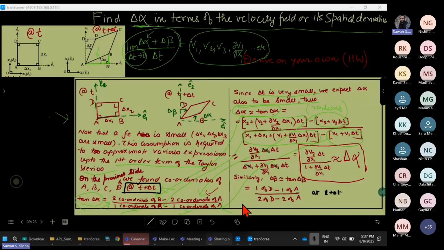The expressions look complicated, but I'm just transplanting those from the previous slide here. And sure enough, things cancel out. Even though we start with a bunch of terms, some of them cancel out.